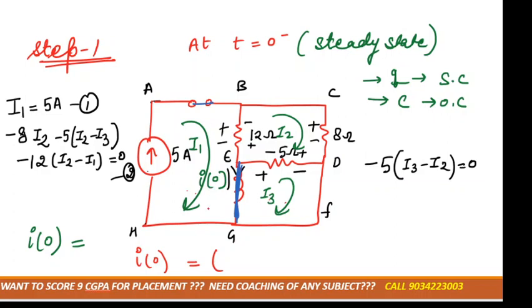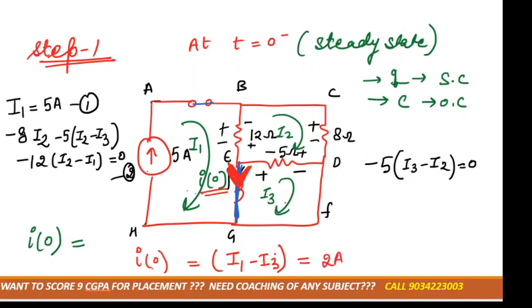I1 is moving from up to down, and the inductor current is also moving from up to down, so the currents are in the same direction. So I1 would be positive and I3 would be negative. So can we say that I0 is equal to I1 minus I3, right? Because we want the current across the inductor, and after solving it you will get 2 ampere.